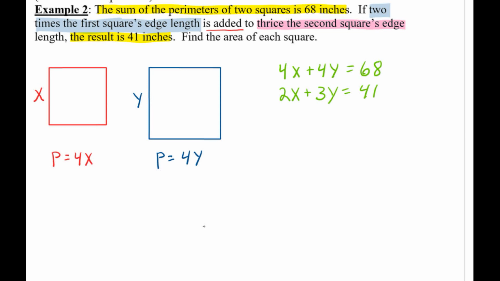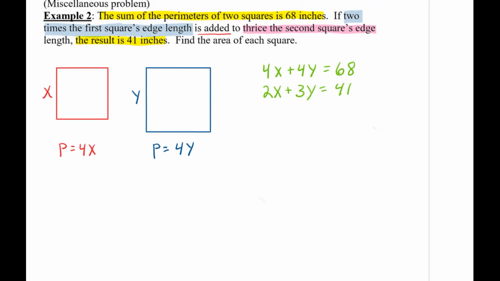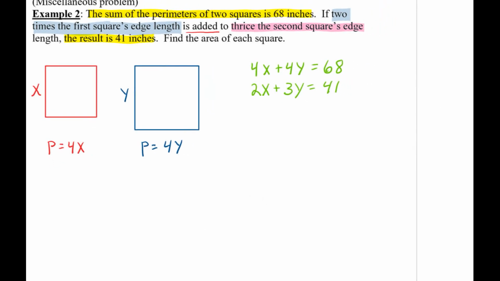Let's go ahead and use elimination to see if we can transform the second equation by multiplying by -2, and we can eliminate the x. Again, not the only way to solve this. You also might have noticed there's a common factor of 4 in the first one.